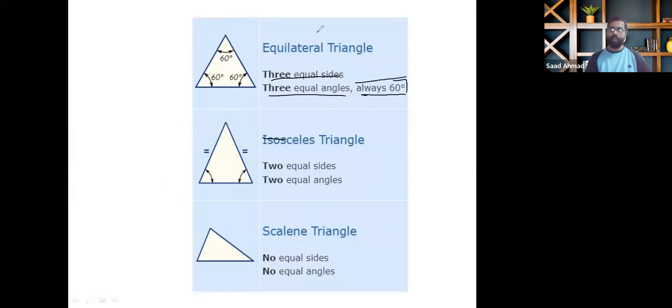An isosceles triangle is one in which two sides and two angles are equal, like this side and this angle. So it's an isosceles triangle. And then there's a scalene triangle, which has no equal side and no equal angle. All the angles are different and all the sides are different.